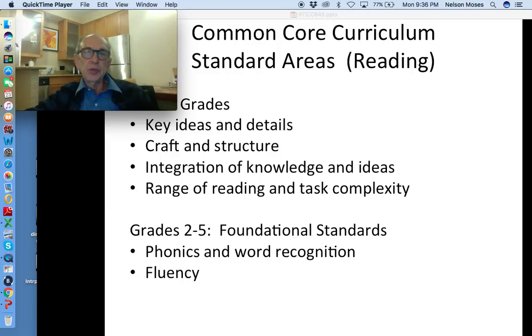So not only do you read and ask, who is the main character? What was the main idea? But you ask questions like, what do you think the reason is that the person wrote the story in the first place? Or why this book?